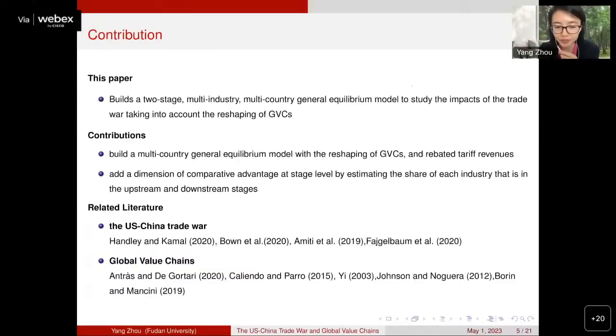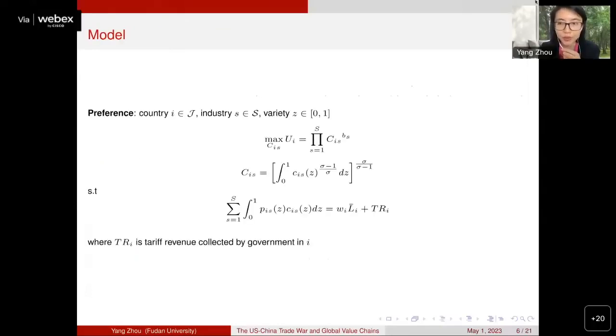So here is the model. It's a multi-country model. I stands for the country index, S stands for industry, and the variety Z is the variety index within each industry.